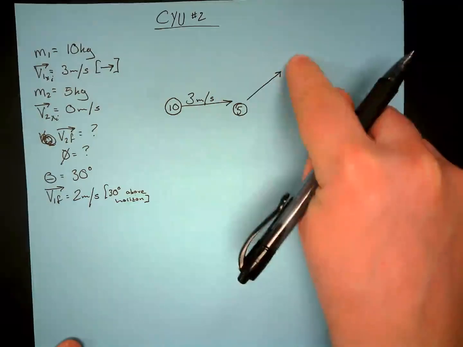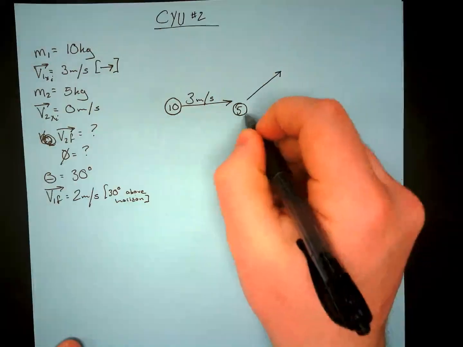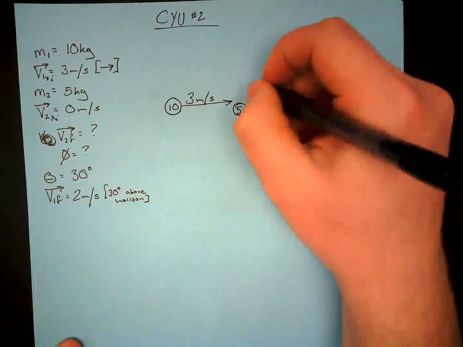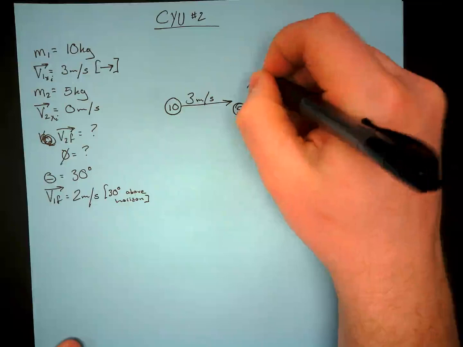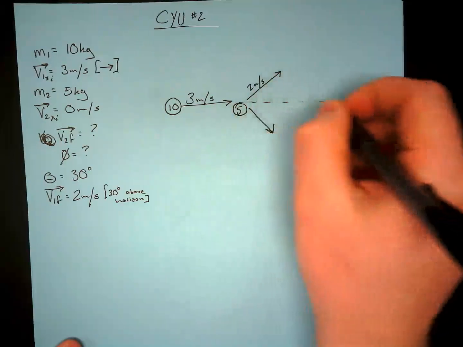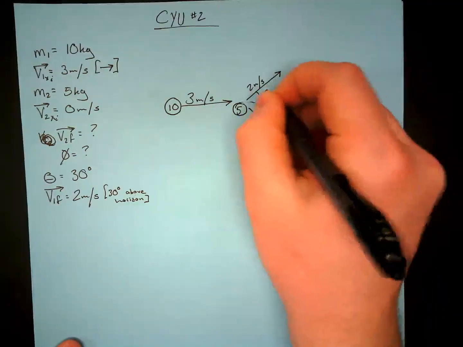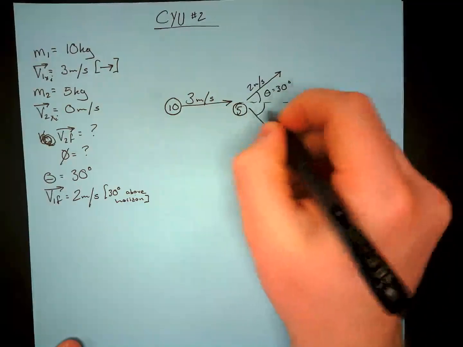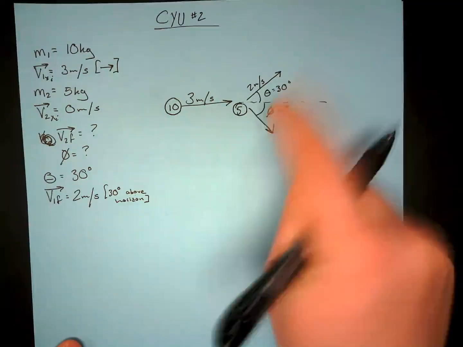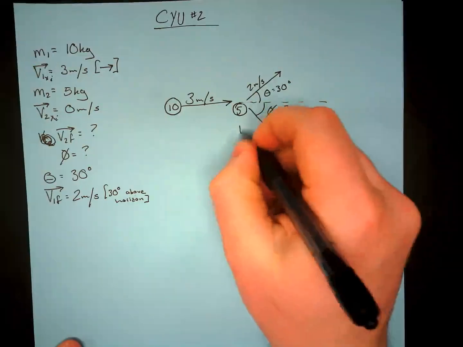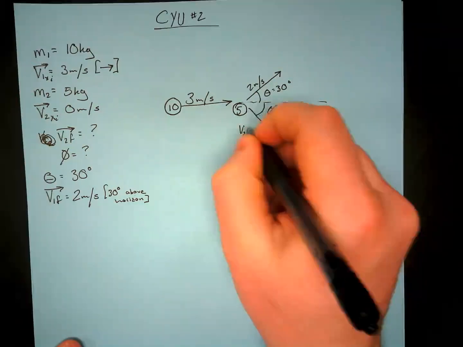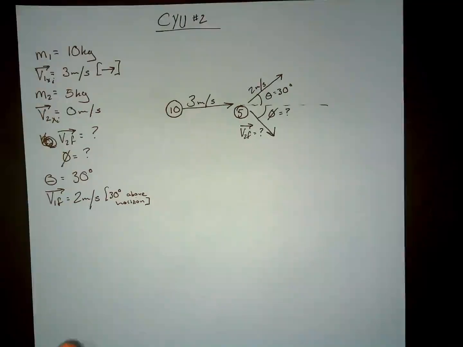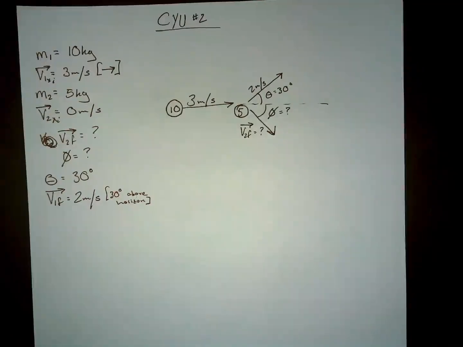This guy is going to go upwards in this direction, while this guy is going to go downward in this direction. This guy moves at 2 meters per second here and is at 30 degrees from the horizontal. We're going to find out what this angle is, and we're also going to find out what this final velocity is right here.